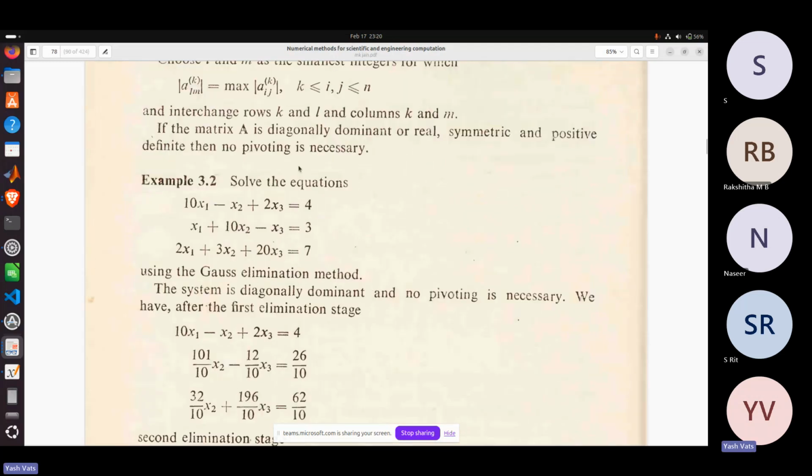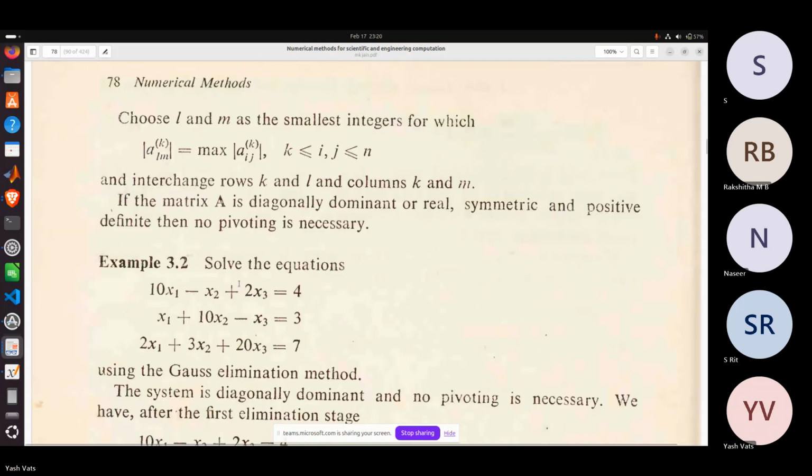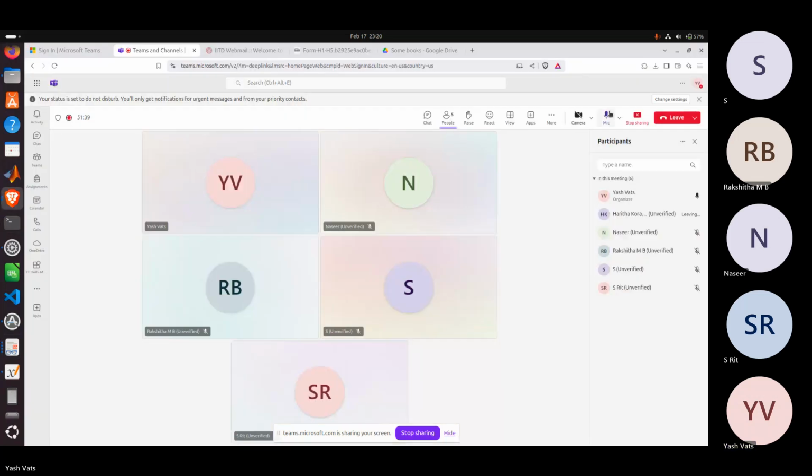So here is an example. Try using the Gauss elimination method. What is the result you will get? Just give it a go and find out the solution of this system. Just try that for a moment. Example number 3.2. Just try that, everyone.